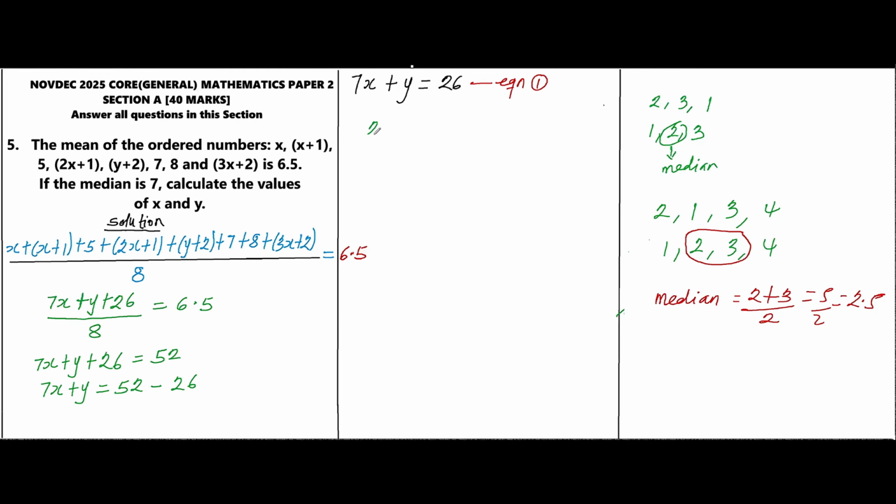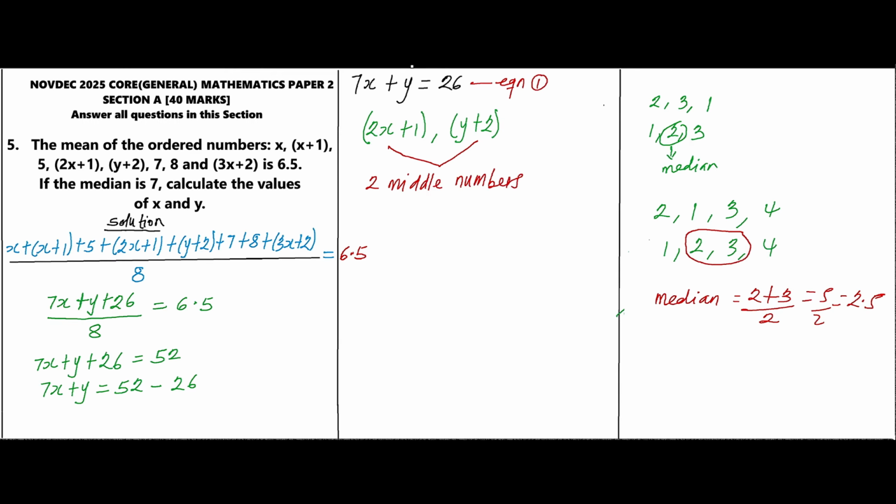So the 2 numbers here will be 2x plus 1 and then y plus 2. These are the two middle numbers.